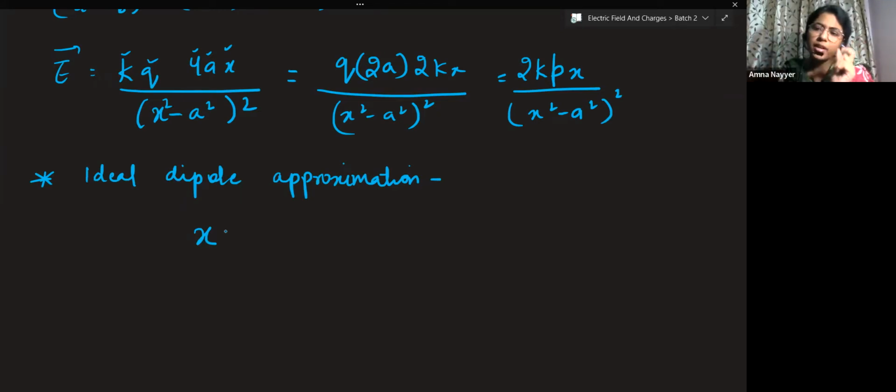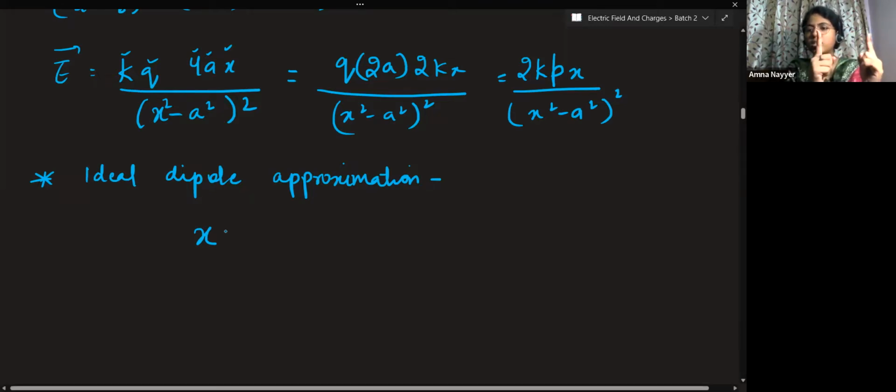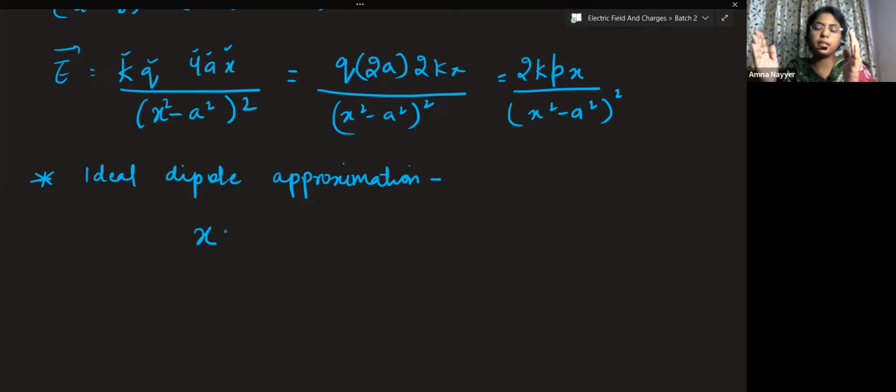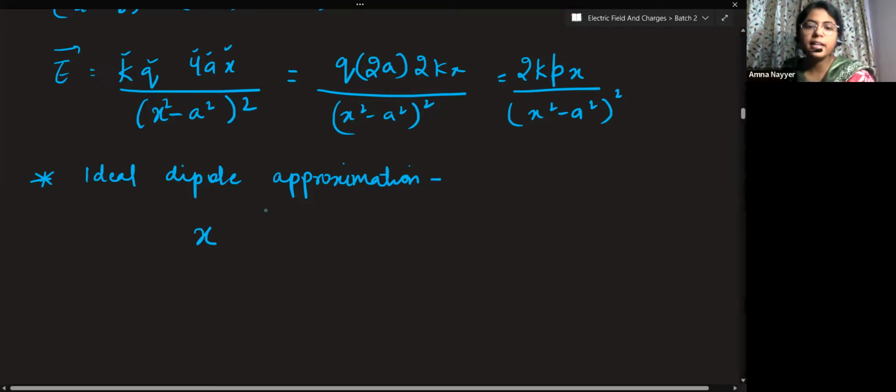As in, the dipole is very small. If your dipole becomes so small, the separation becomes greater. Under the ideal dipole approximation, your dipole's size is very small.